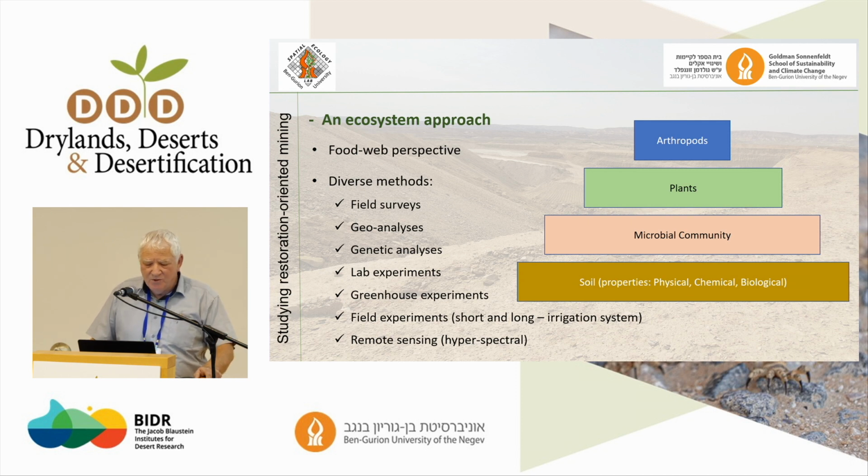We use diverse methods: field surveys, geoanalysis, genetic analysis, lab experiments, greenhouse experiments, which I'm going to show a little bit, field experiments, short and long irrigation systems that we have had in the field for 4 years already, and hyperspectral remote sensing. This is what Nathan was studying.